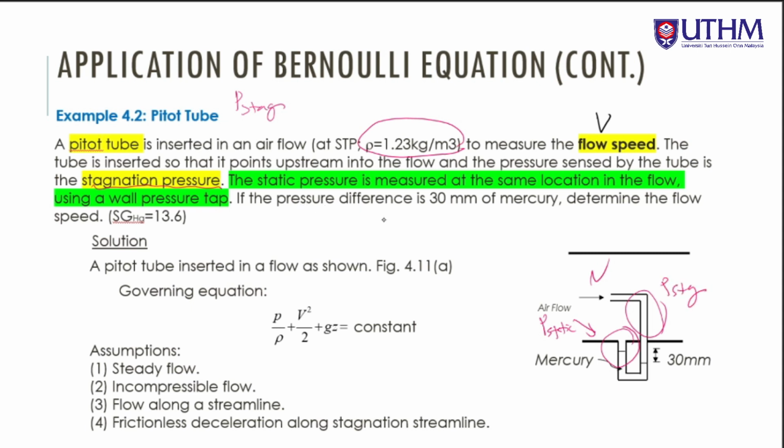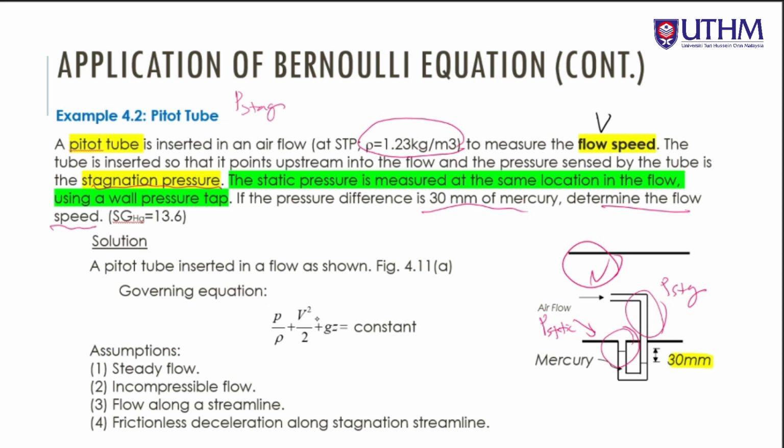If the pressure difference is 30 mm of mercury, okay, so this is the pressure difference, the difference in height, determine the flow speed. So what does it ask us to calculate? It asks us to calculate the flow speed. So how to solve this question?